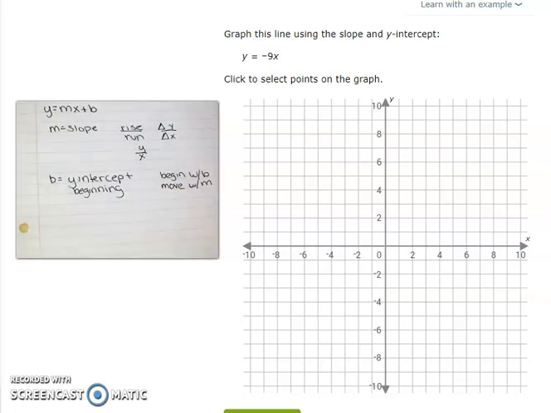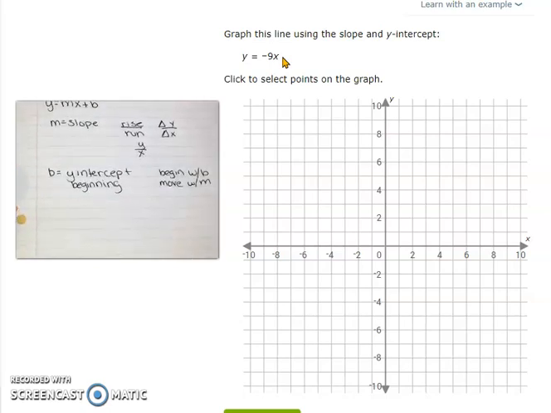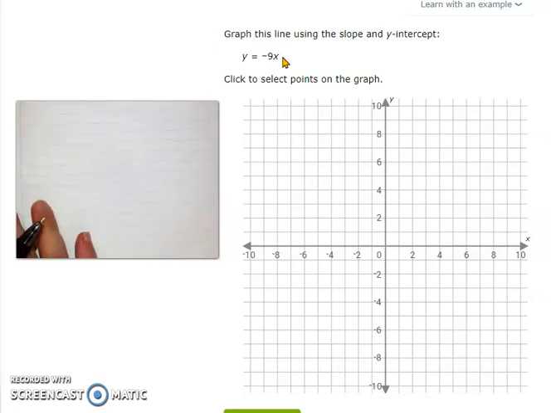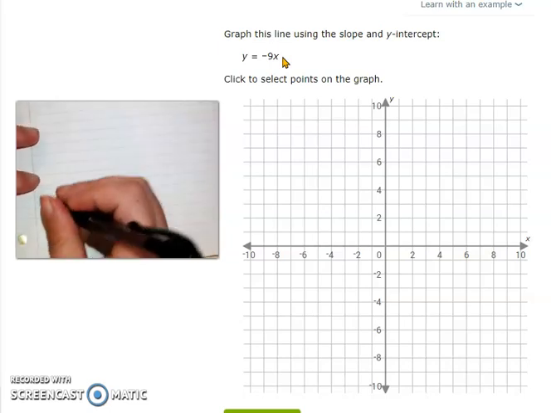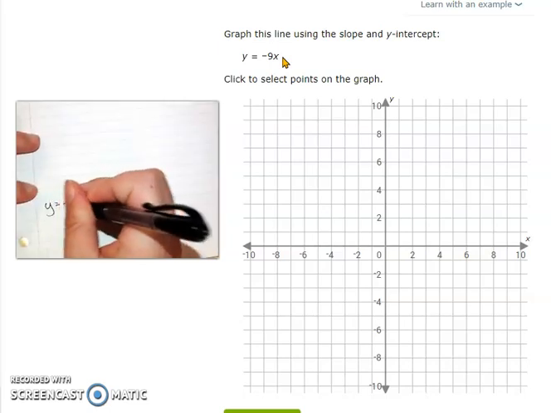All right. So we have this equation right here. Y equals negative 9x. So our slope is negative 9. And I'm going to write this as an example. I'll slide my paper all the way down. So y equals negative 9x.